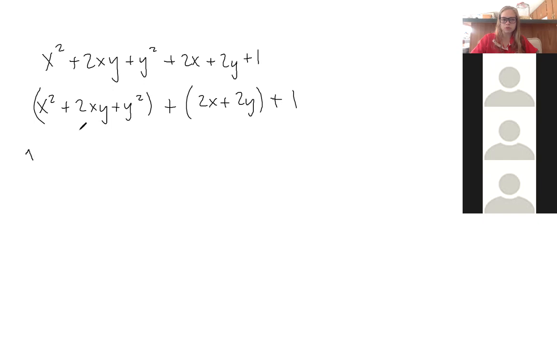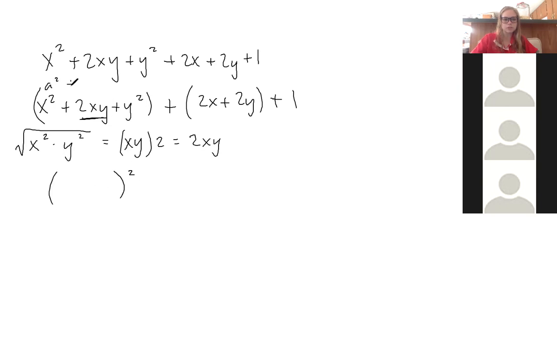Remember, if you multiply the first term times the last term and take the square root of that, what's the square root of x squared times y squared? X and y. And then if I multiply that by 2, if that is the same as this middle term, then this is a perfect square trinomial, and I can factor it.